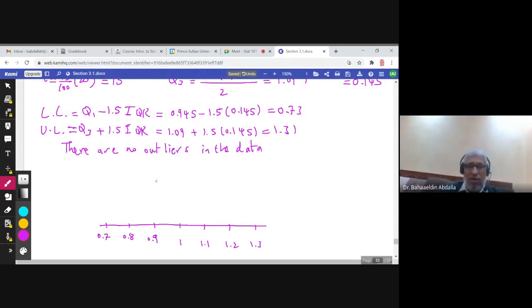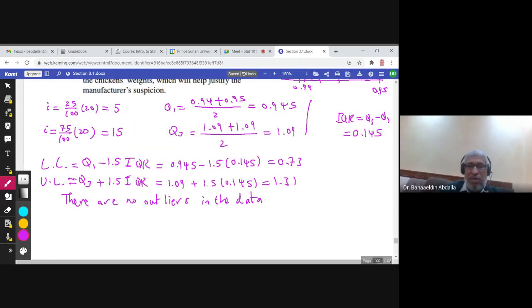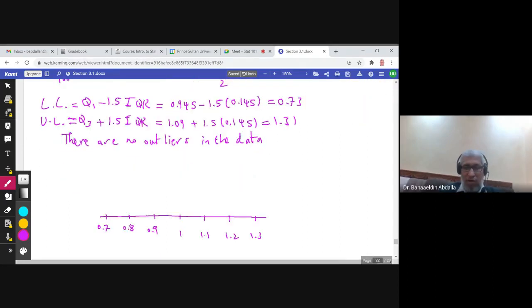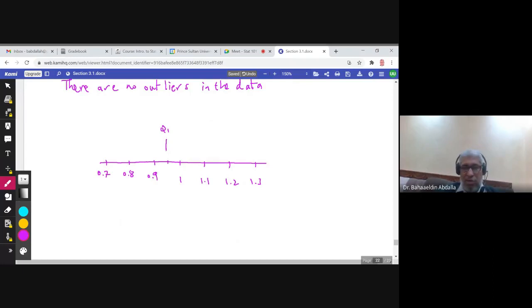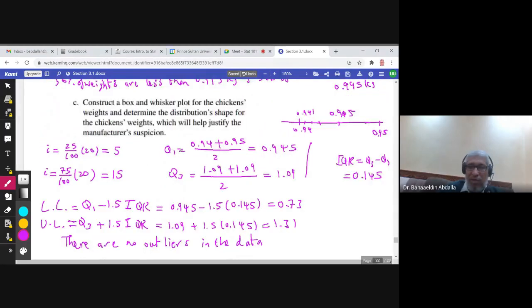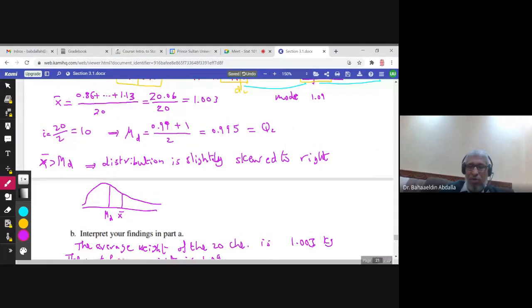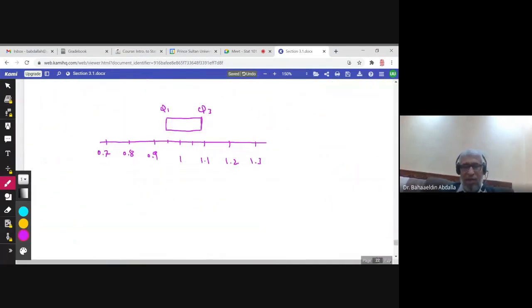Now Q1 is 0.945. Well, this is 0.9, this is 0.95. So 0.945 is almost here. So this is Q1. Q3 is 1.09. This is 1, this is 1.05, 1.09 is here. So this is Q3. Now you can draw the box between Q1 and Q3. And then you draw Q2 in the middle. Q2, the median, is 0.995.